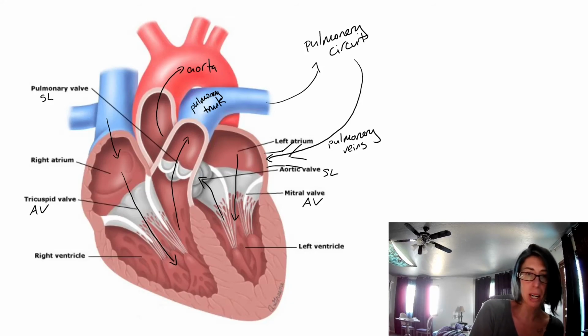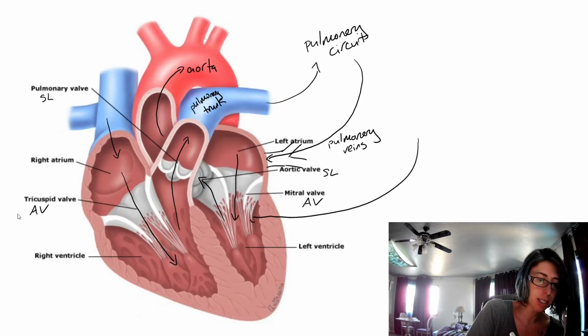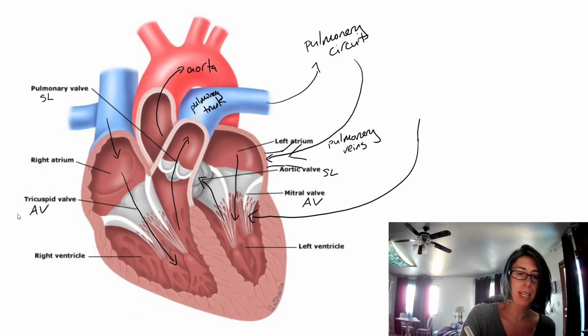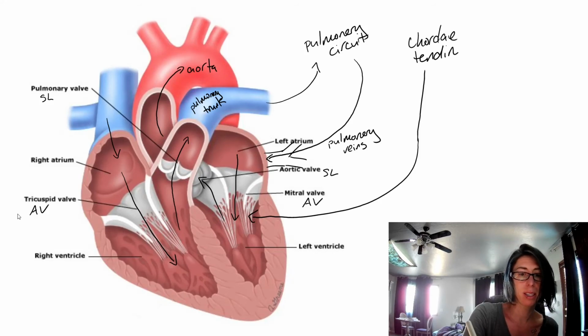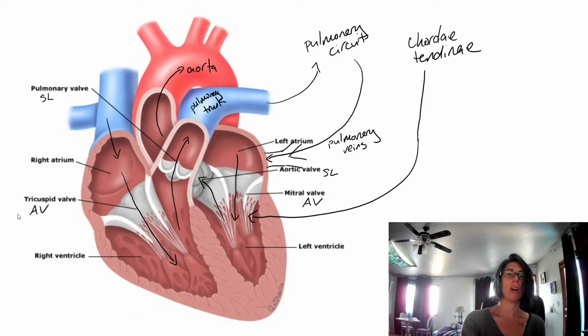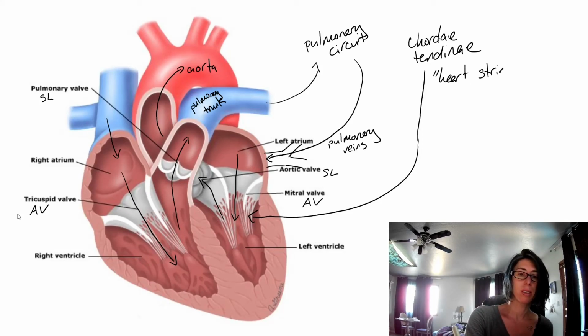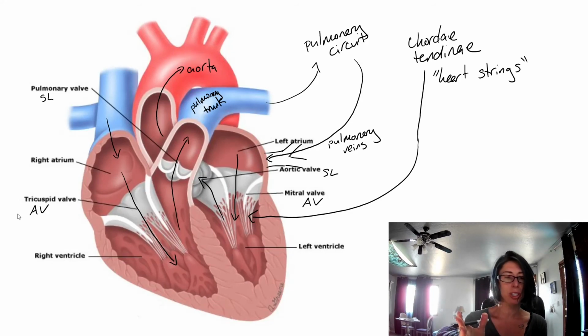One last bit of gross anatomy inside the heart. So see these? These are the chordae tendineae, also known as the heartstrings. They are attached to the atrioventricular valves.